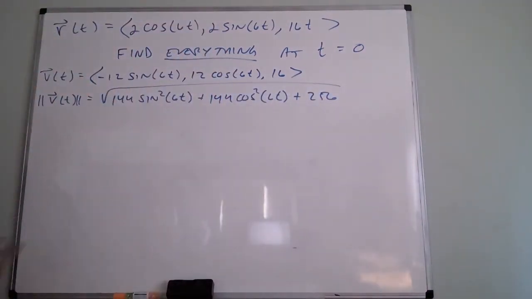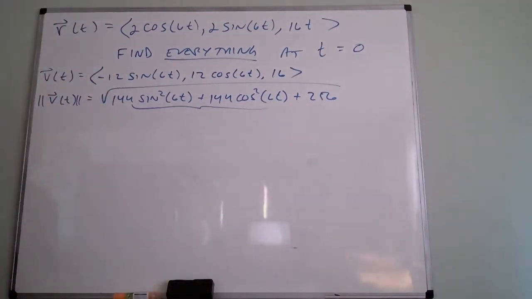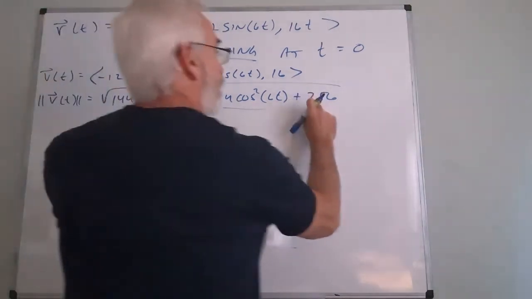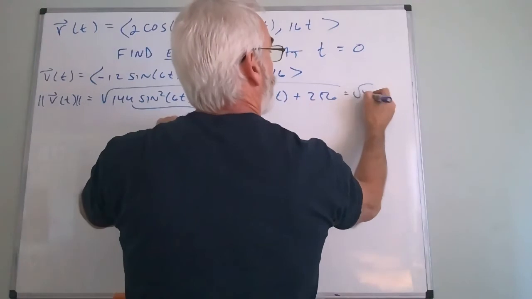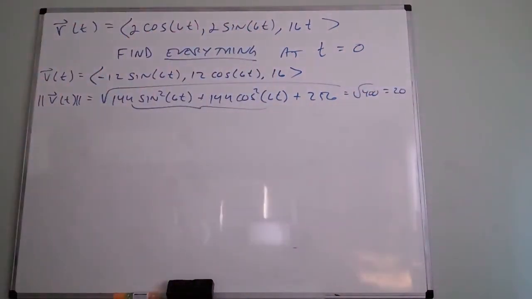Okay, well, if I factor out the 144, that's 144 times sine squared plus cosine squared, which is 1. So this is 144 plus 256, that's root 400 or 20. How nice that those numbers worked out so well.